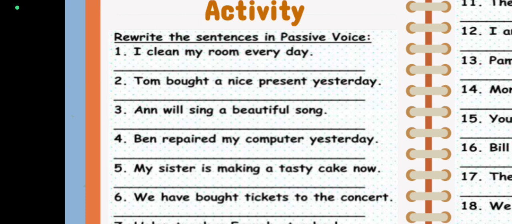But be careful with this one. It is a nice present. Only one. So it is not were, it is was. So can you try again? Yeah. A nice present was bought yesterday by Tom. Awesome. Just be careful, but great.